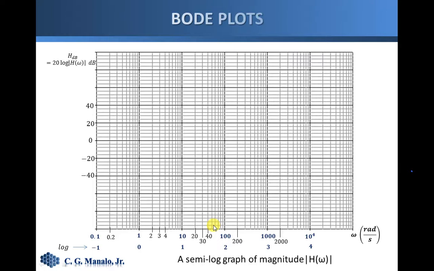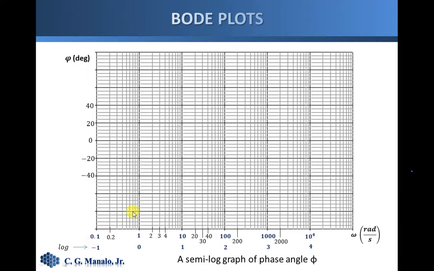This is how the magnitude of the transfer function looks. The horizontal scale is a logarithmic scale, and the vertical is in terms of decibels, as defined earlier. On the other hand, the phase angle is also plotted as a similar graph.